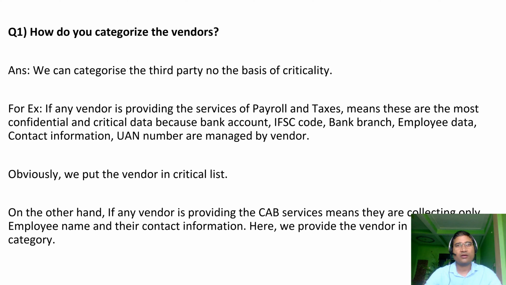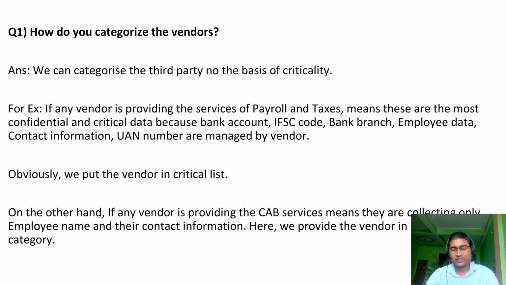Generally, there are multiple factors or parameters through which we can categorize vendors, but the most ideal categorization is on the basis of criticality. That means how critical the service is from the vendor side. For example, if a vendor is providing payroll and tax benefits, the organization is sharing critical, confidential data of its employees to manage their salary and PF funds.